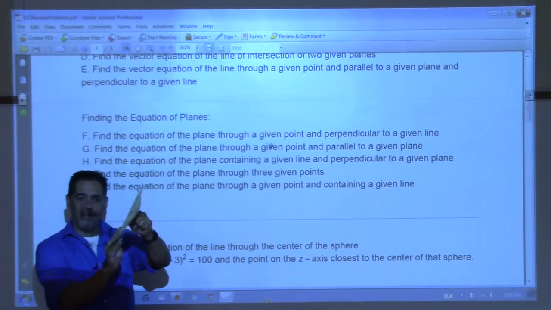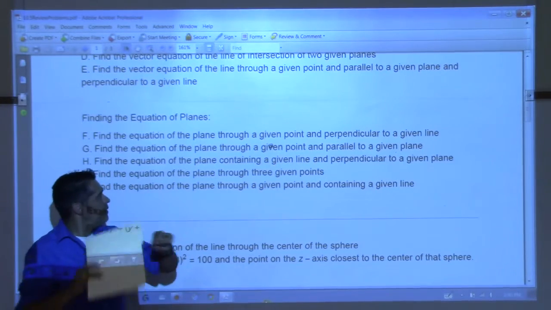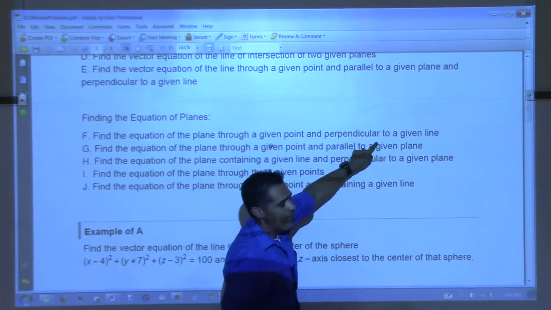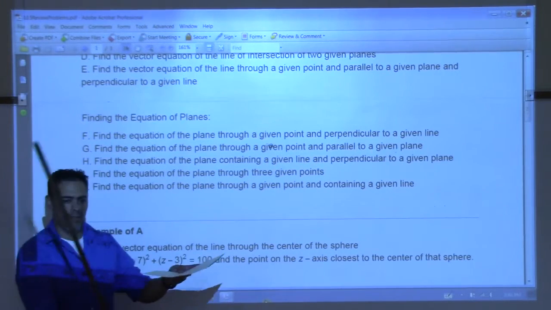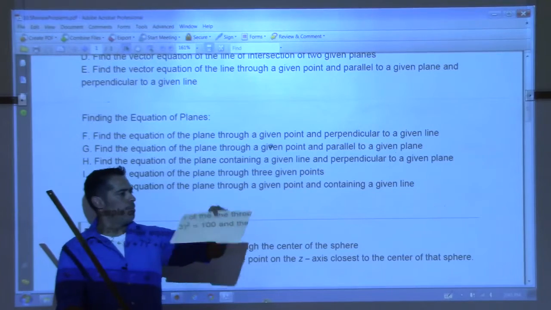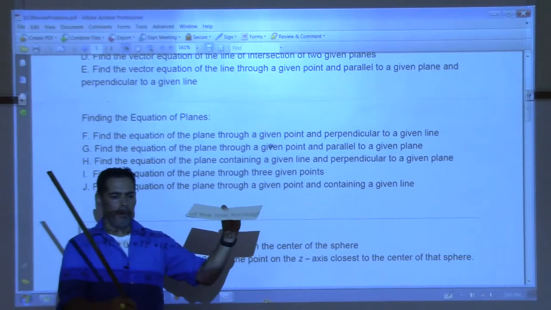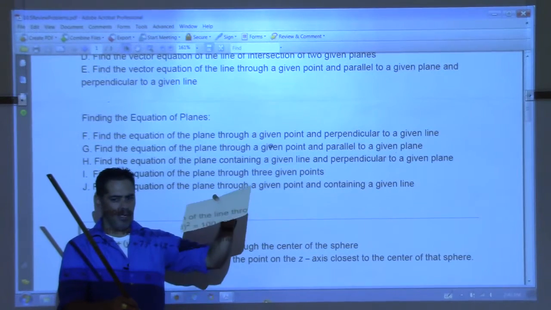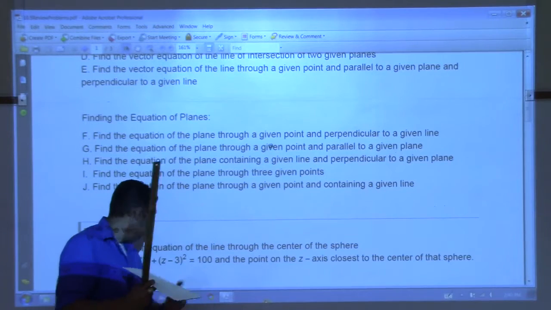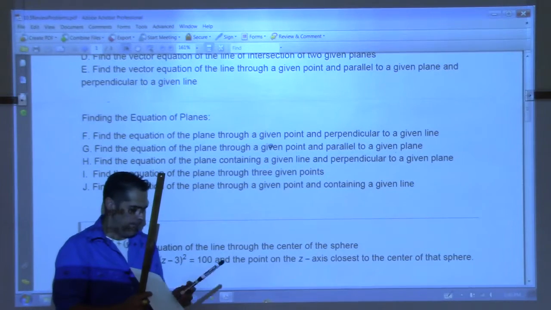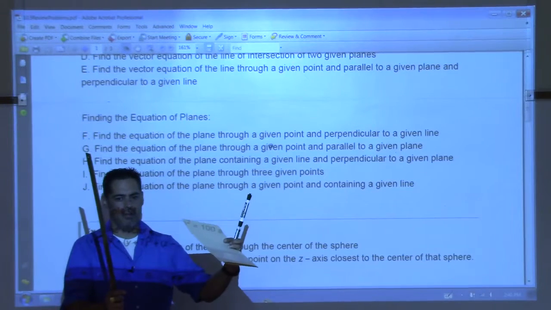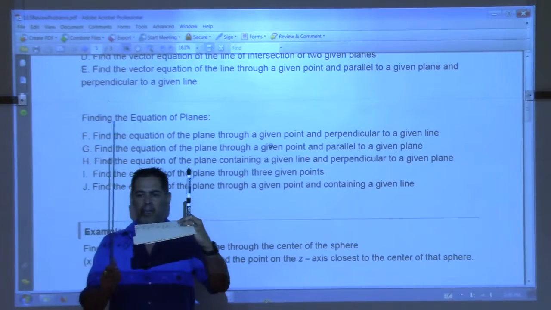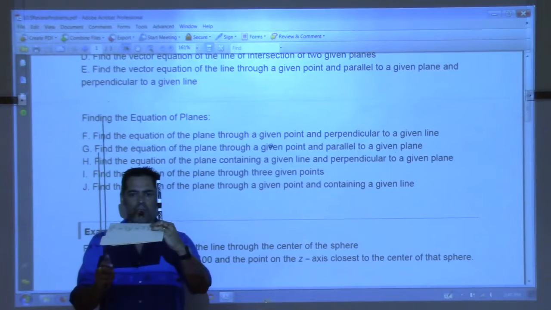So right now there's an infinite number of planes, right? But if you have to be perpendicular to a given line, let's put this line like this. Here's your point and your plane. To be perpendicular to this line means, if I put these perpendicular like that, what do you see as a relationship?